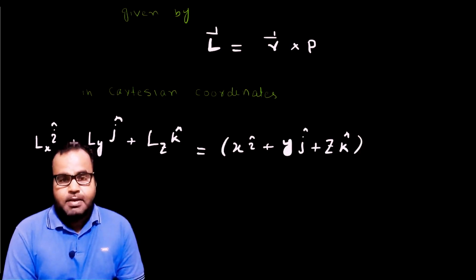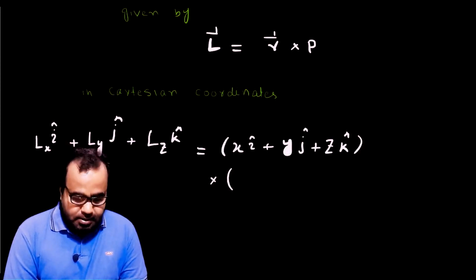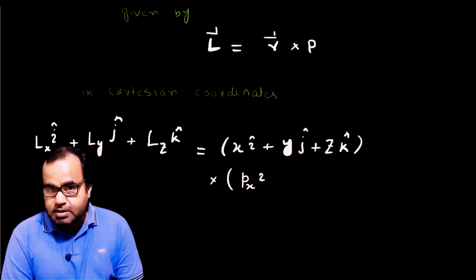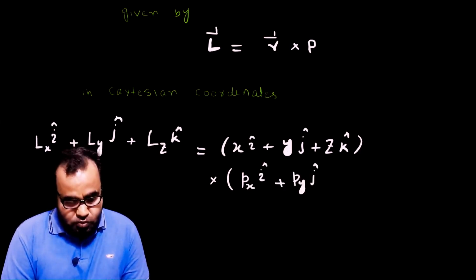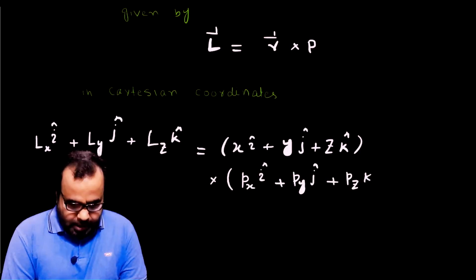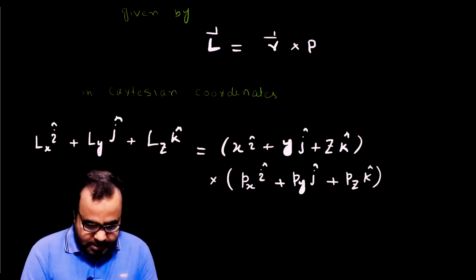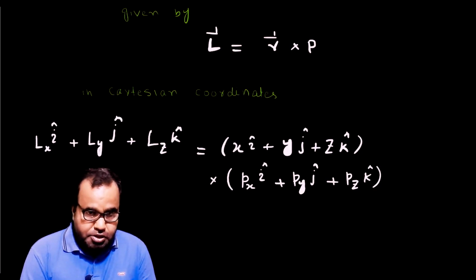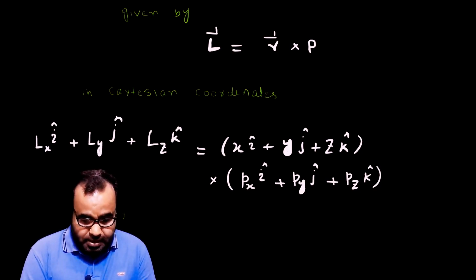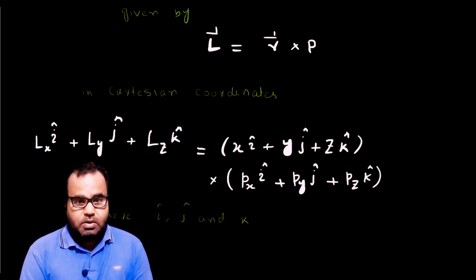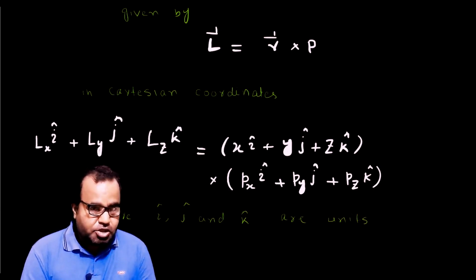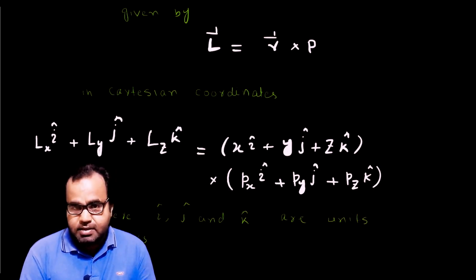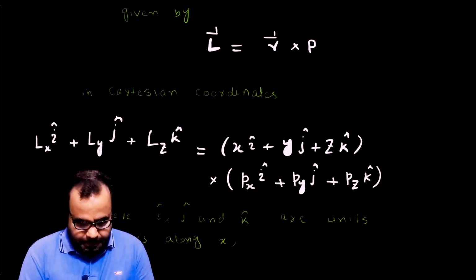And similarly, the components of P are px i unit vector, py j unit vector and pz k unit vector. Okay, after writing L is equal to R cross P in Cartesian coordinates, remember that here i, j, k are unit vectors in the direction of x, y and z respectively.